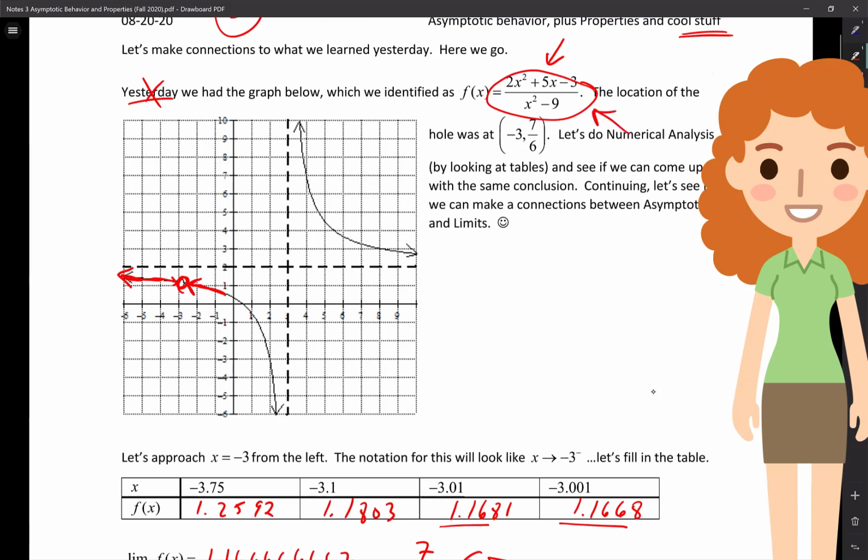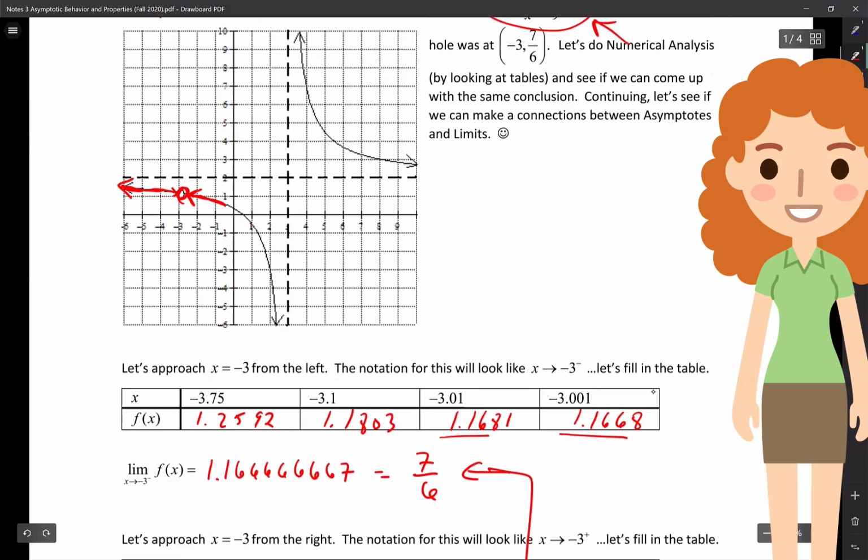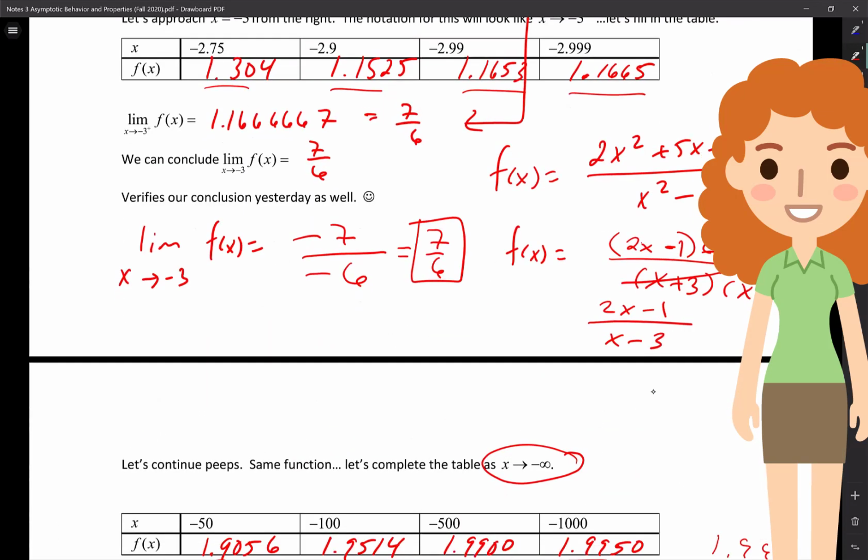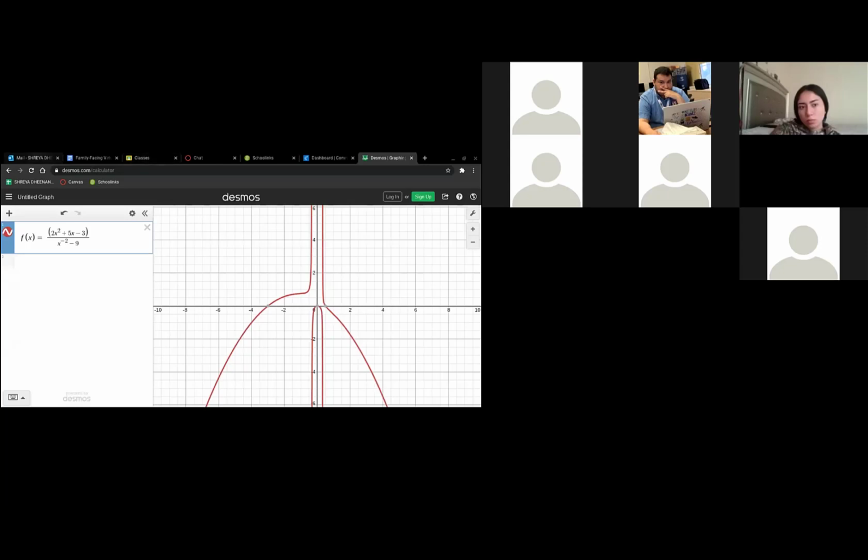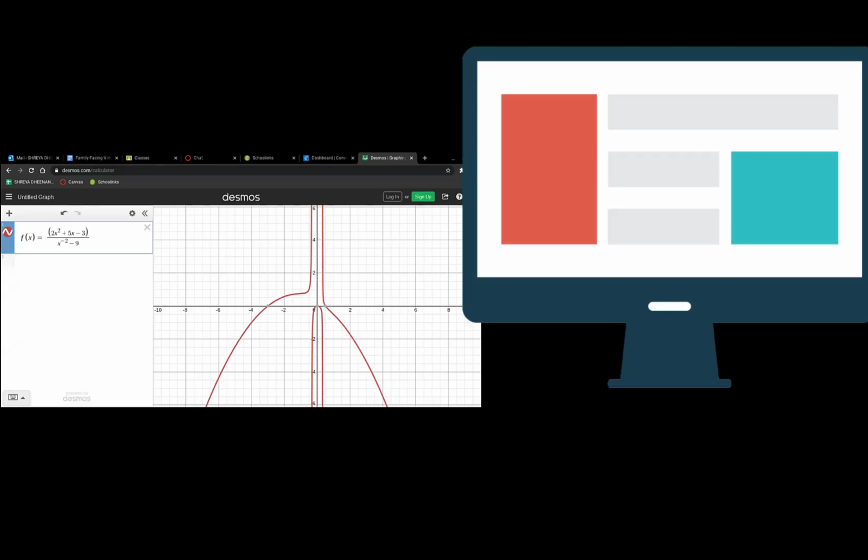And I'm going to stop sharing in a little bit and then I'll put yours in. Is it +9 or -9 in the denominator? It was x squared minus 9. You have a negative 2 in the x. Do you see that? Right, yeah, right there. There you go. And then table.